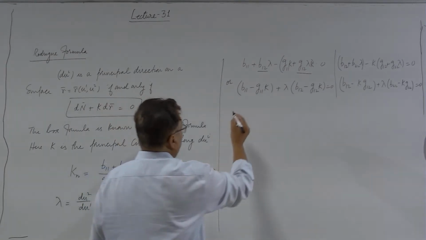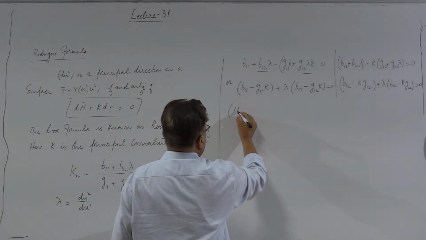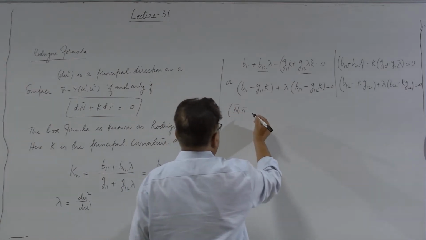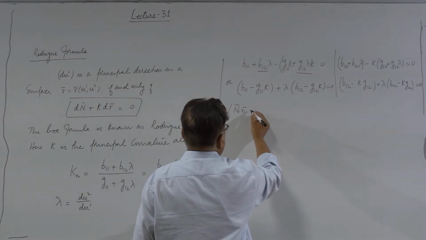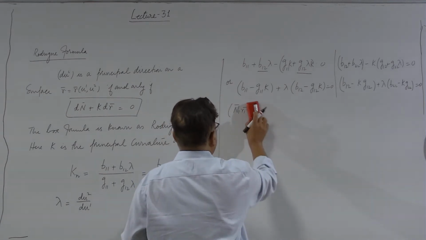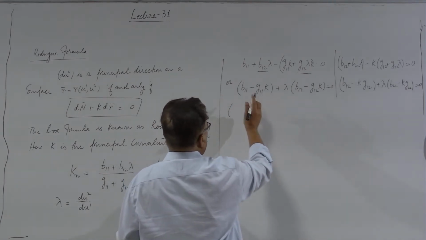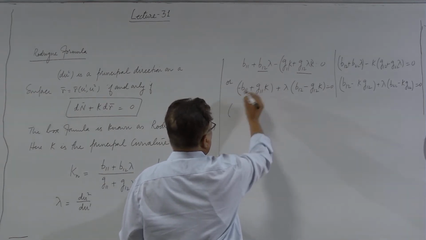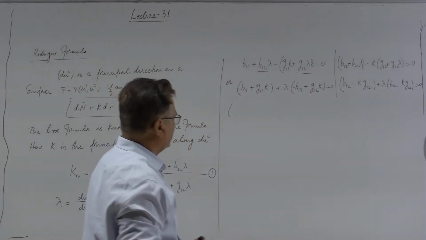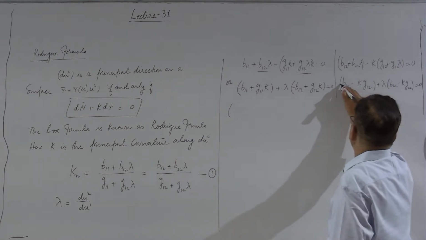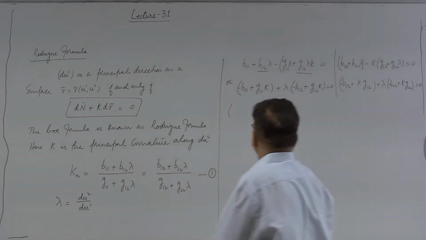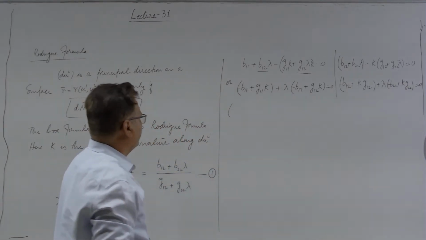Now, I will write B11 as N1 dot R1. If I multiply throughout by minus, this minus will not disturb me. So, make this minus and this plus, this minus and this plus, that is better. Same thing you do here also. The right side is 0, so it does not make any difference.